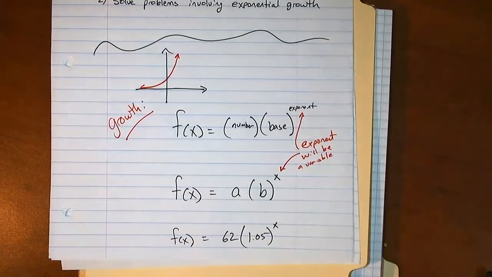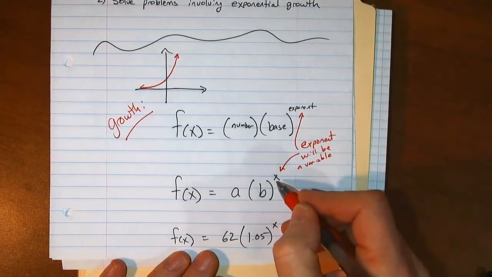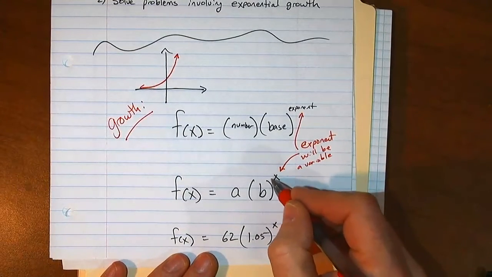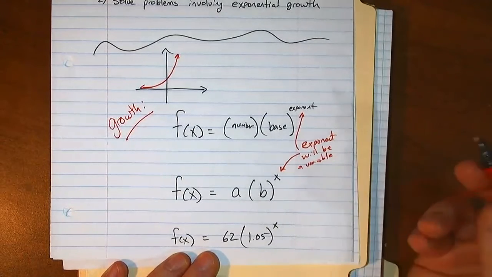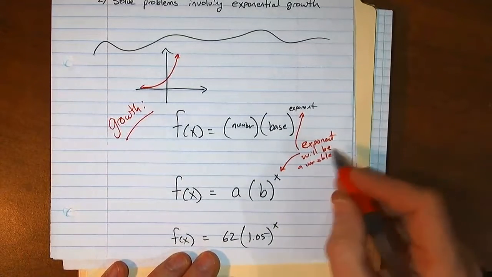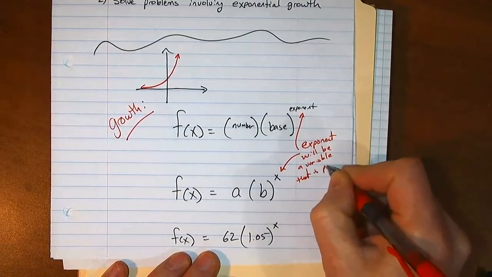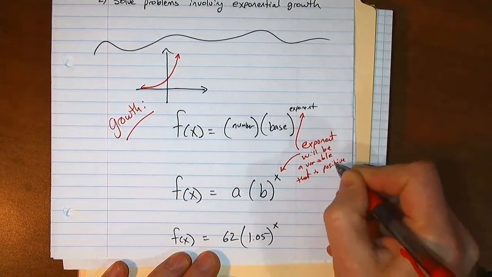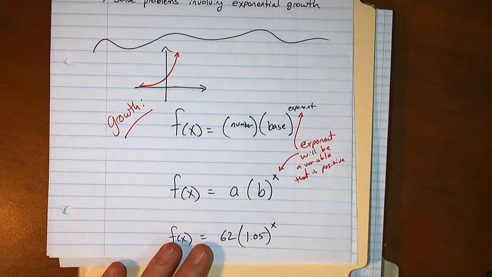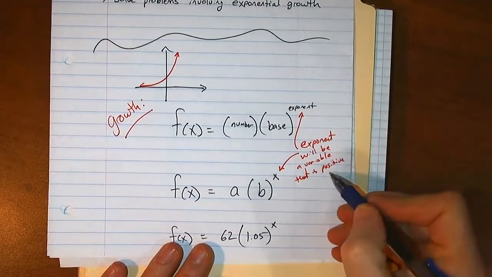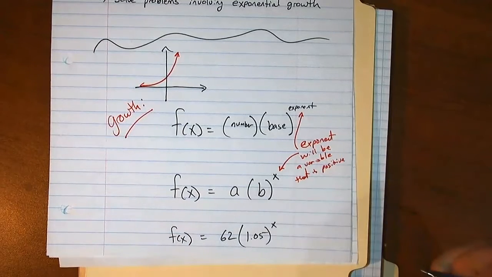And second of all, because we're dealing with growth, we expect that the variable will not have a negative sign. It will not be an opposite sign in the exponent. So I'm going to write that the variable will be positive. The exponent will be a variable that is positive. But I do want to clarify, make sure that we're clear on this. When I say that the variable is positive, this does not mean that the number I'm plugging into the variable has to be positive.